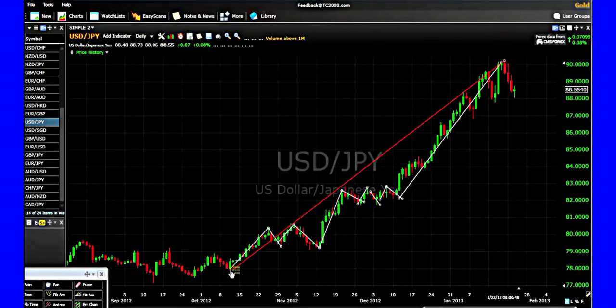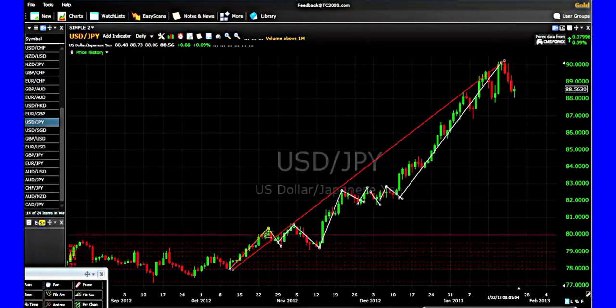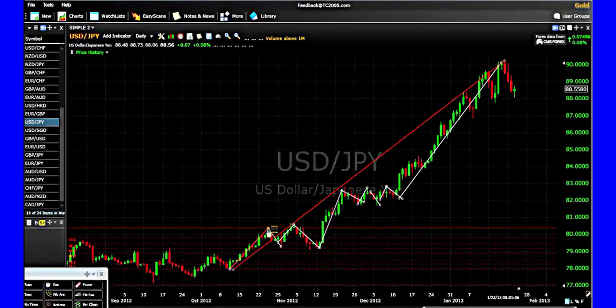So the first subwave is this one here. Then we have the second subwave, which is this one here. We want to know the retracement of the second wave.